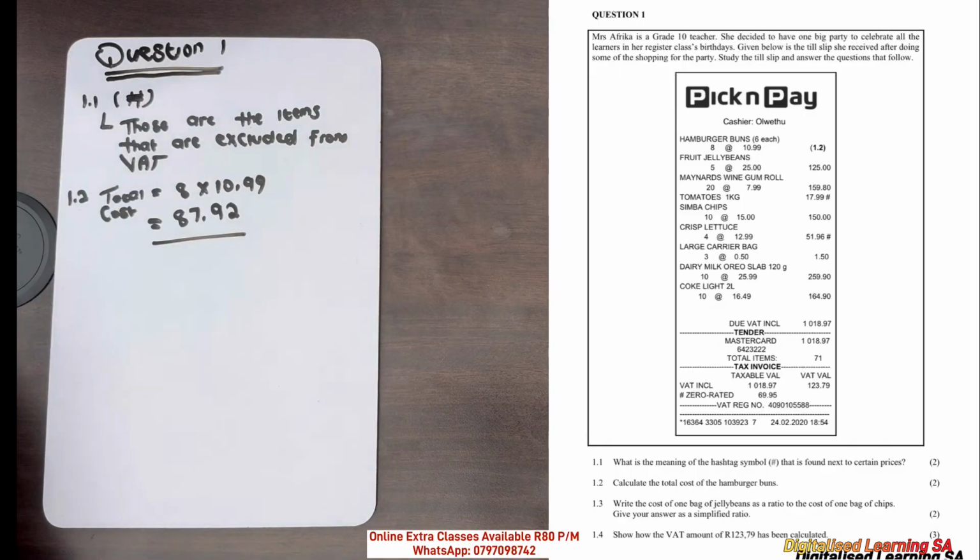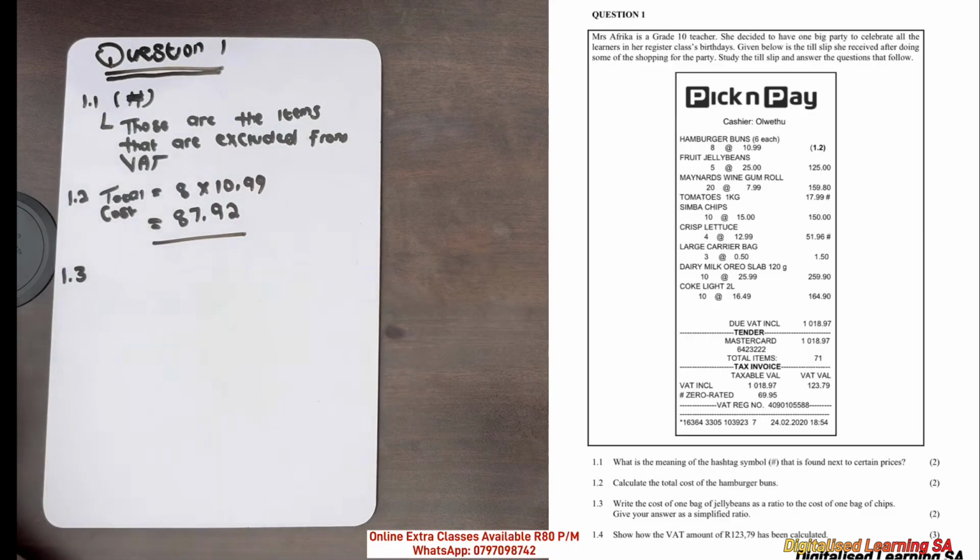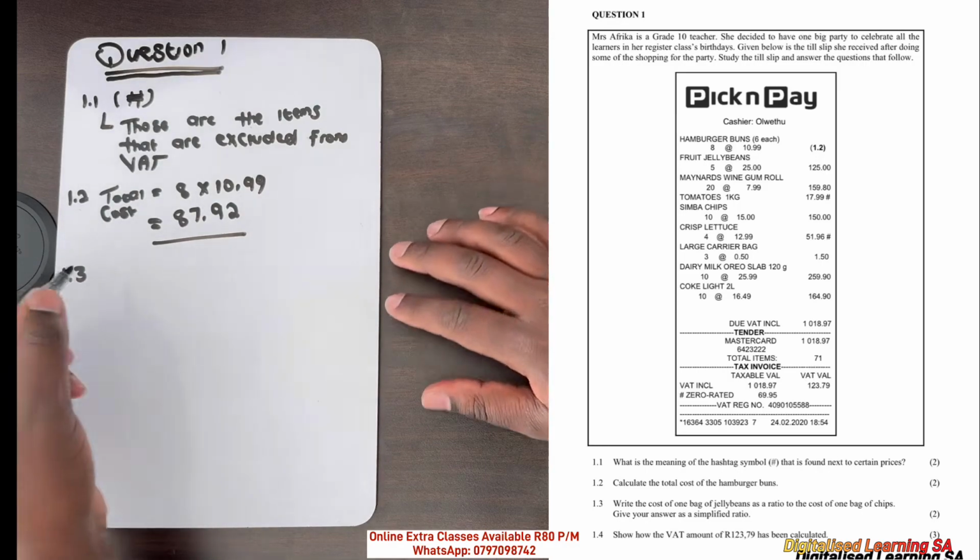Okay, so now let's move to the next question, which is question 1.3. Question 1.3 says, write the cost of 1 bag of jelly beans as a ratio to the cost of 1 bag of chips.